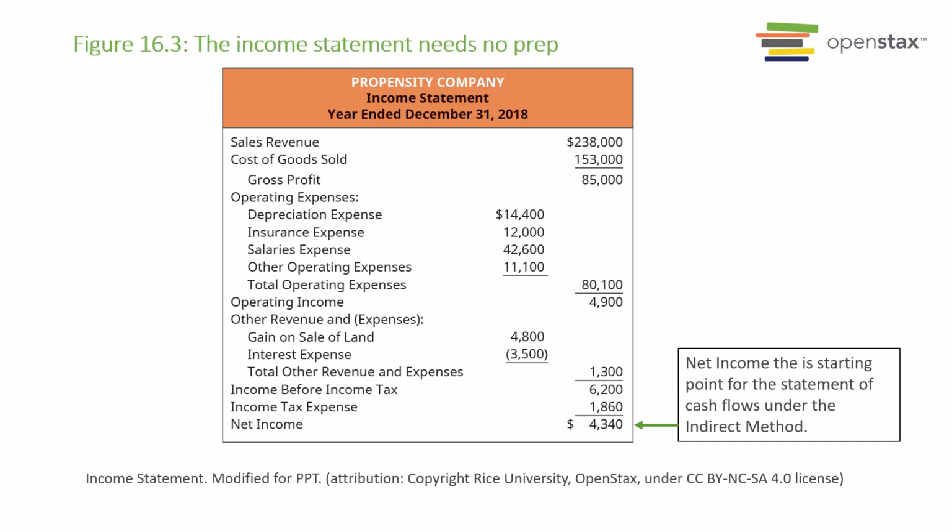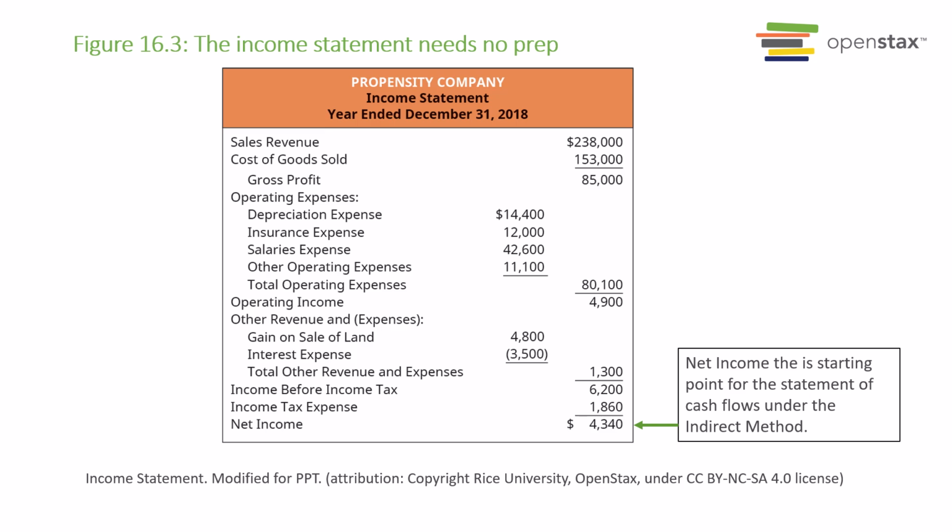After you've prepped your balance sheet, grab your income statement. The income statement needs no prep. We don't have to find any differences between years or time periods. We just need to pull a little bit of information from this statement.